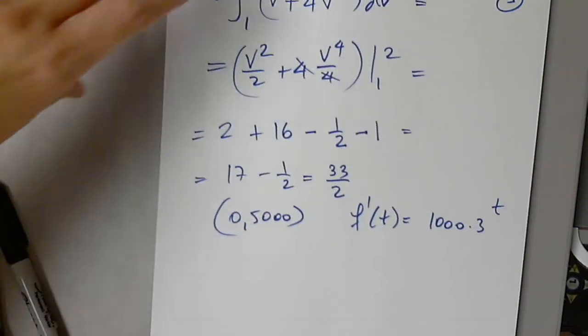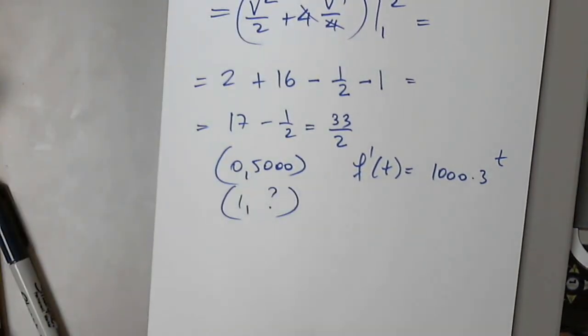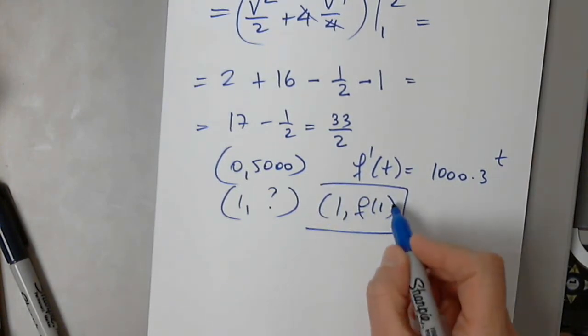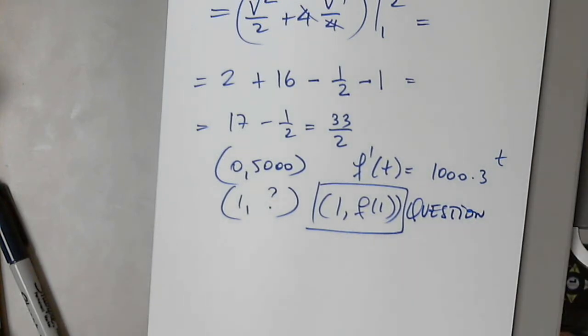Fine. What is the population after 1 hour? So this is what I'm really asked to find. In other words, 1 comma f of 1. This is the question. But how can I determine f of 1 if I don't have f, right?